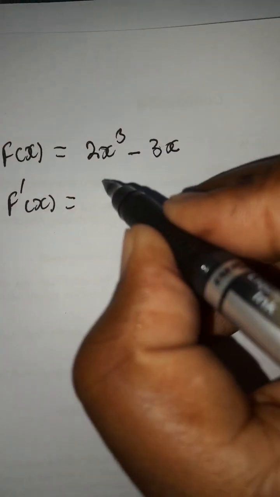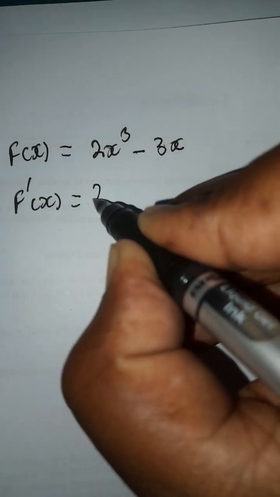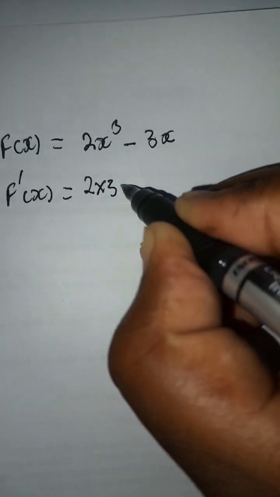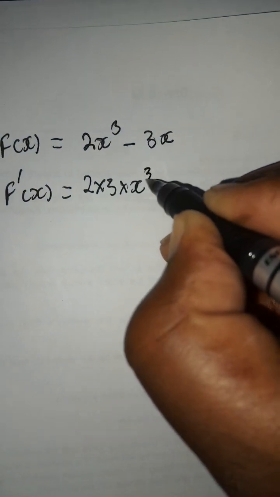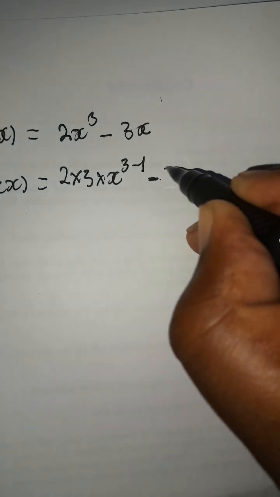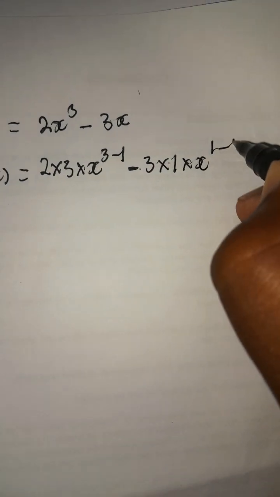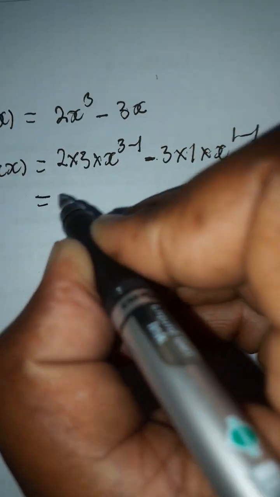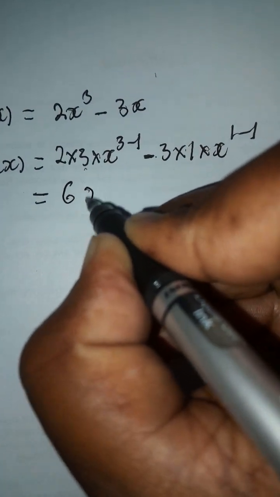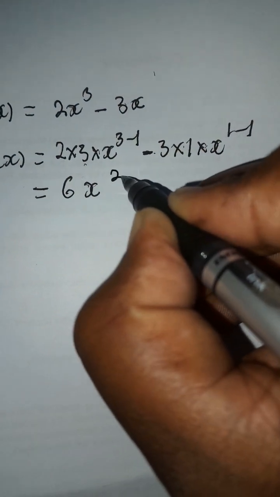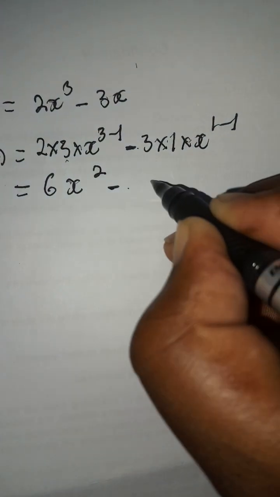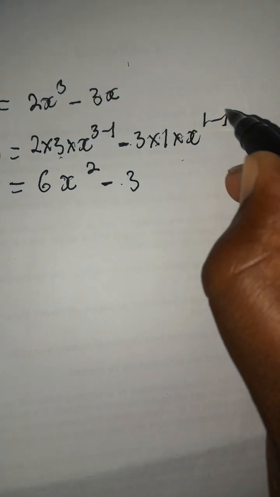So from here, you're going to say 2 times 3. When you differentiate, multiply by x, then you subtract the power by 1. We have the power of 1, and that will be negative 3 times 1 times x. Then you subtract the power by 1. What is 2 times 3? That's 6. So what is 3 minus 1? That's 2. Then we have 3 times 1, that's 3. Then what is 1 minus 1?